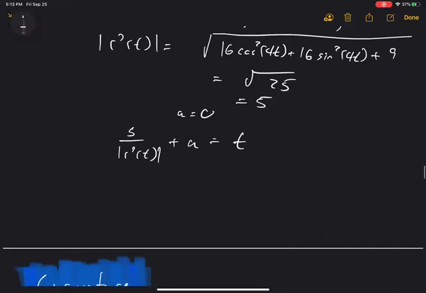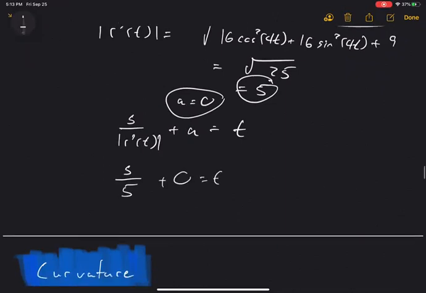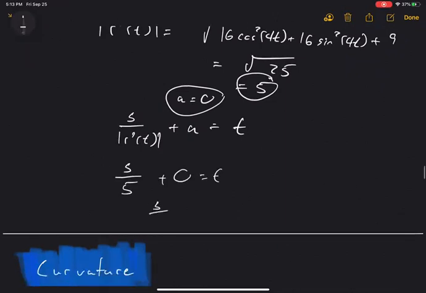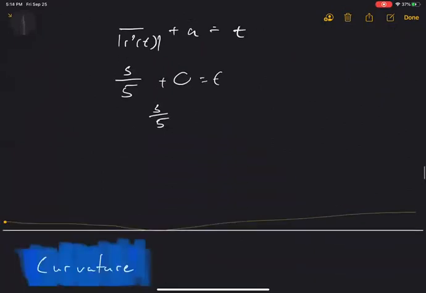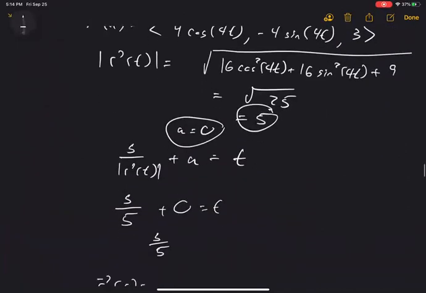Okay. So now I have everything I need for my formula. So s over 5 plus 0 equals t. So I should just replace t with s over 5. Okay. So when I do that, my vector valued function becomes r of s equals what?